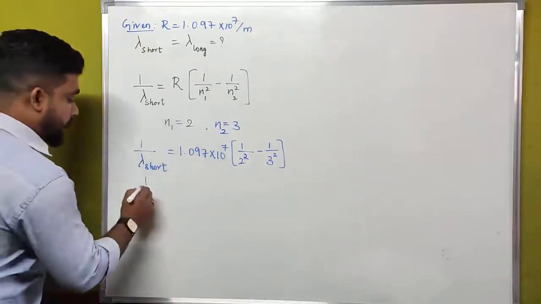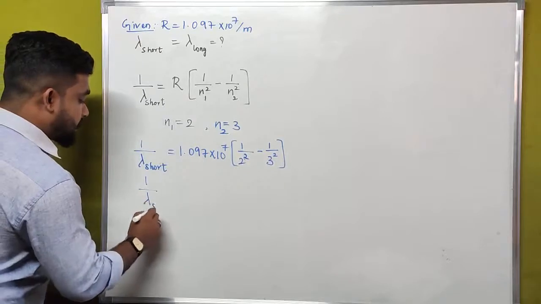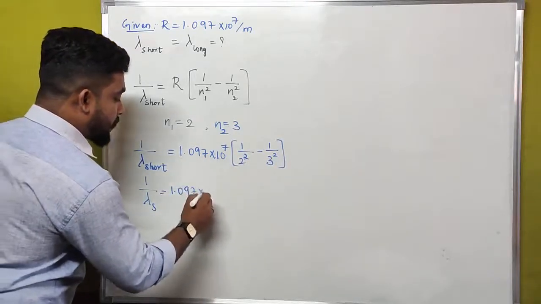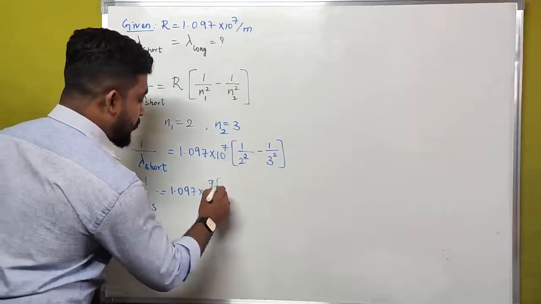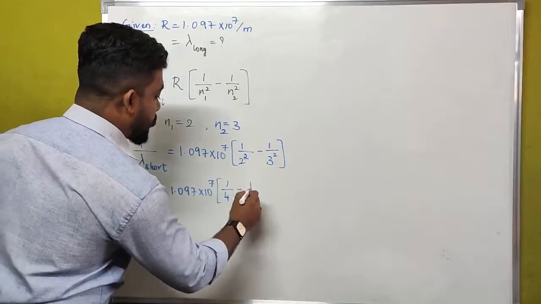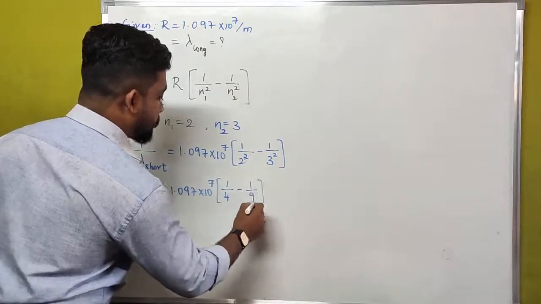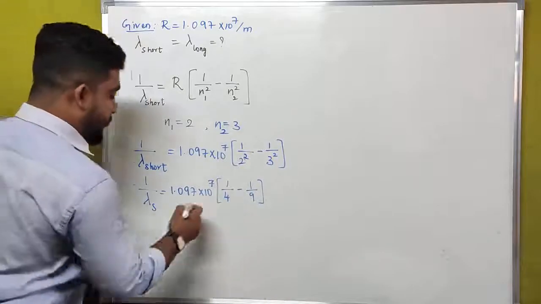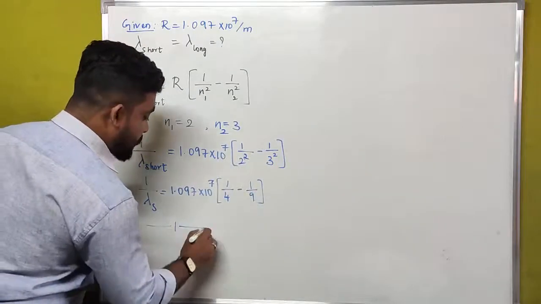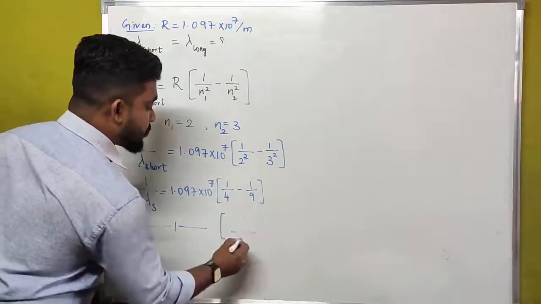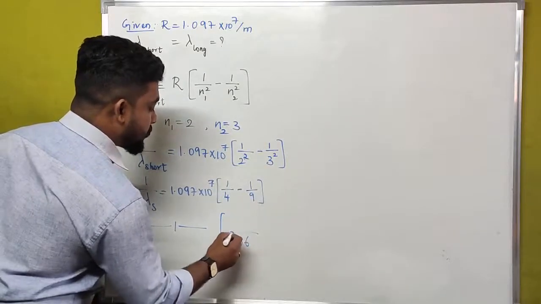Now, here what we have is 1.097 into 10 to the power of plus 7 into 1 divided by 4 minus 1 divided by 9. If we take LCM for these two terms, what is the LCM? 9 4s are 36.